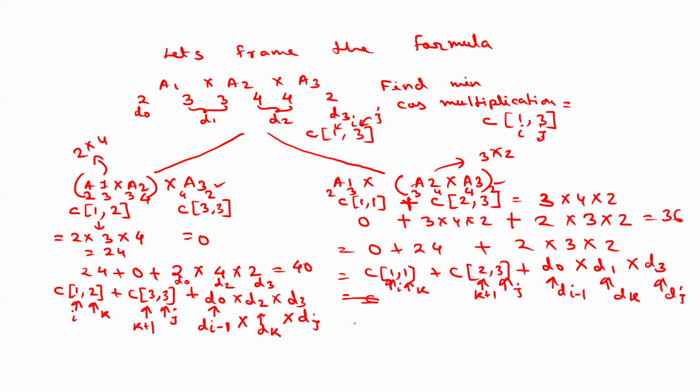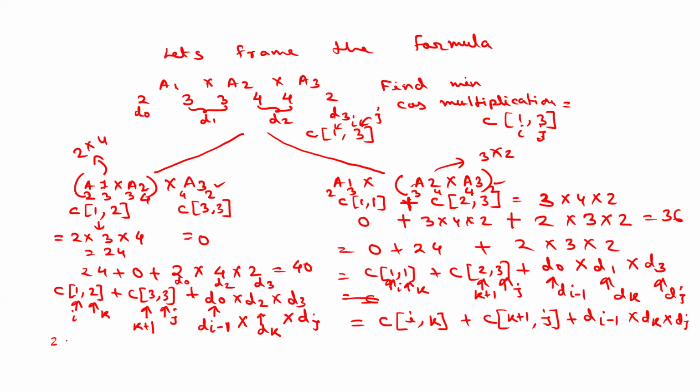So C(I,k) plus C(k plus 1, j) plus d(I minus 1) into dk into dj.